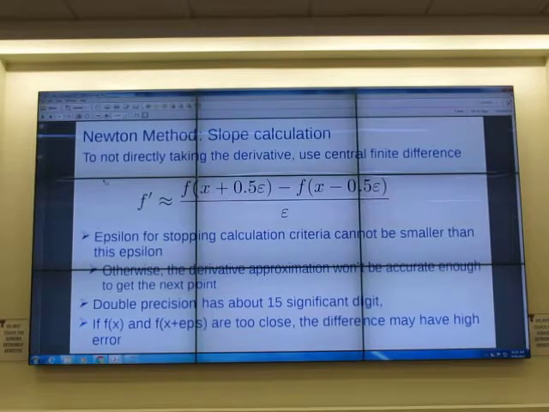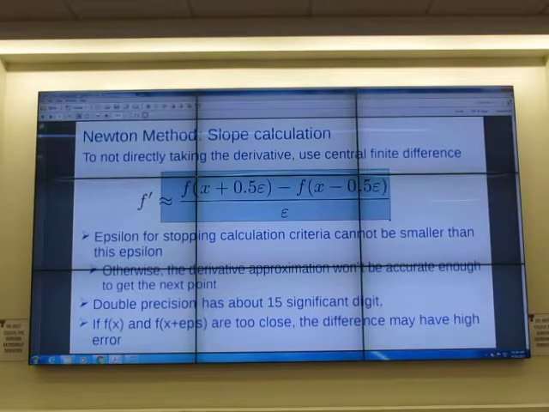Alright, there's something to be careful about. When you use a computer with double precision, you can have 15 to 16 significant digits. Otherwise you have to use something like long double, which can have more than 15 digits. Another thing is that the epsilon for the stopping criterion cannot be smaller than this kind of epsilon.